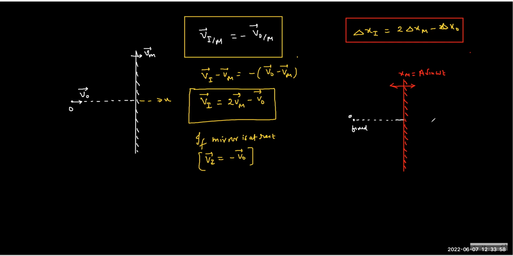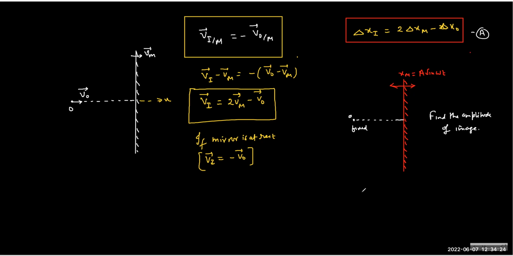So the question is: find the amplitude of the image, because the mirror will shift. It's very simple because your object is constant, so you can use this relation.